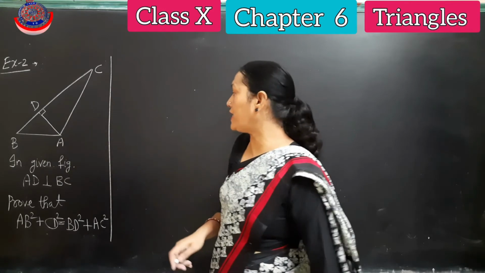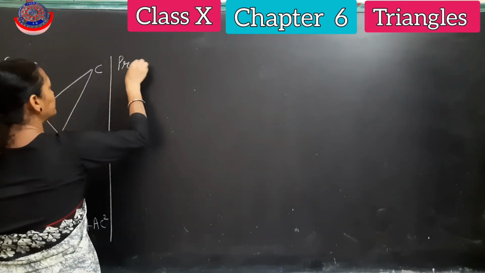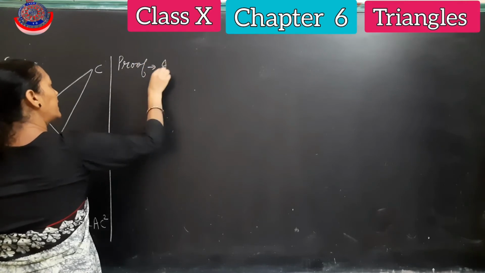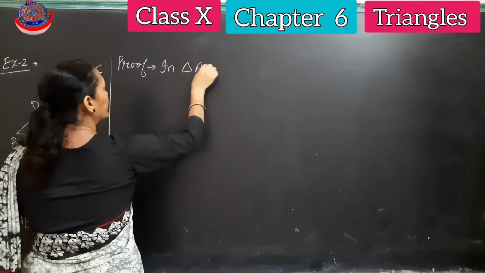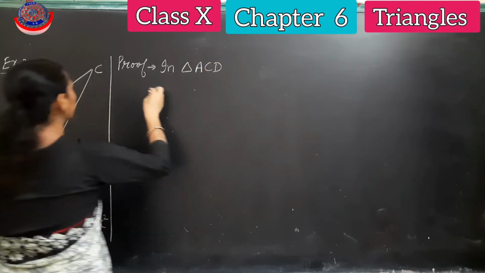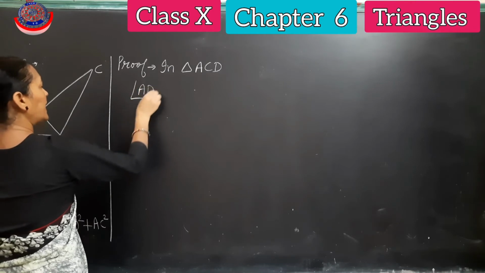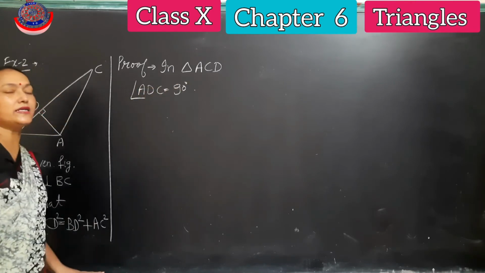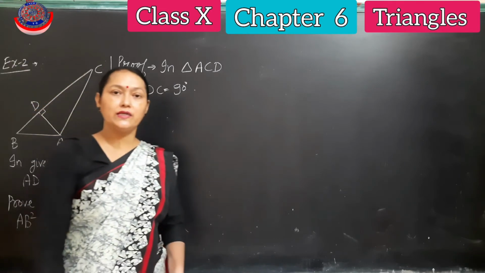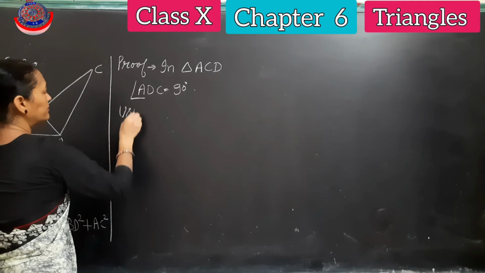So firstly, if we take triangle ACD, in triangle ACD, angle ADC is equal to 90 degree. That means ACD is a right angle triangle.